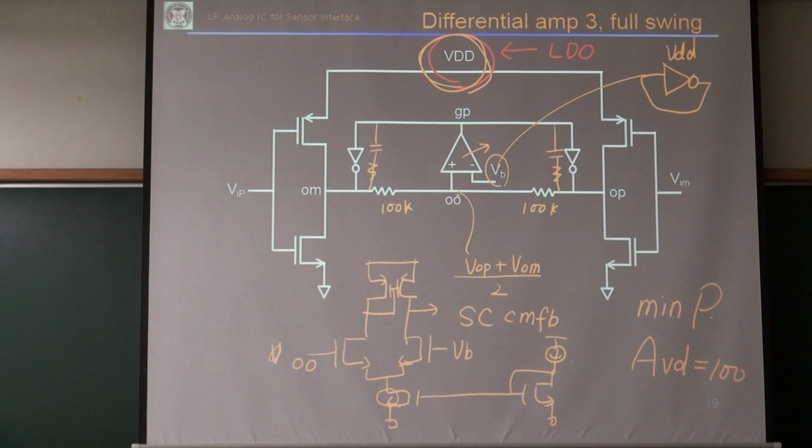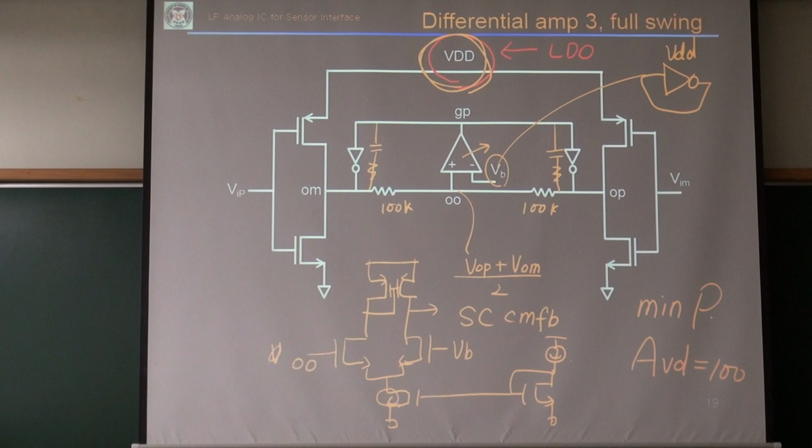So this means my common mode output is at the same voltage level as a logic threshold, right? So input common mode is the same as output common mode. Okay, any question? Nope. Okay, let's just simulate it.